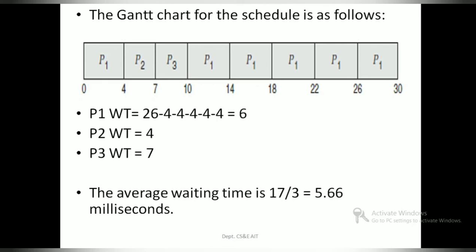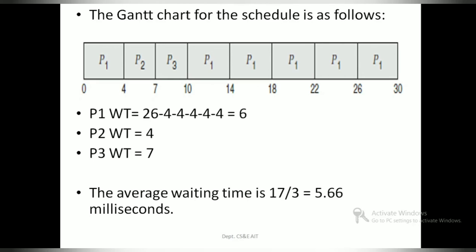You can see here P1 has executed for 4 milliseconds, P2 is taken over, it is executed for 3 milliseconds and immediately after that P3 is taken over. You can see here 4, 7, that is 3 milliseconds it is executed, and P3 takes over after the 7th millisecond.